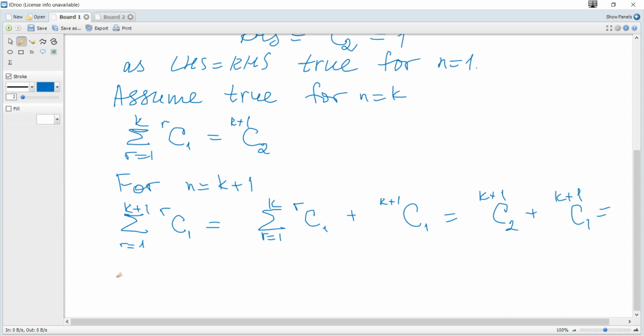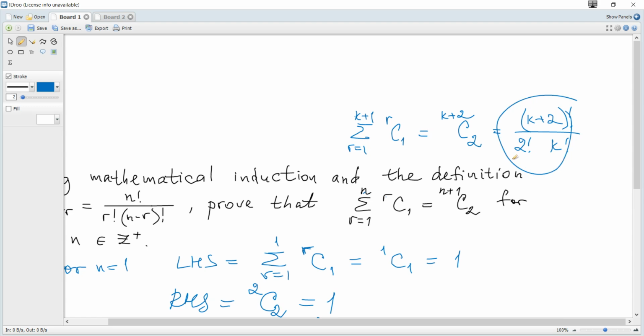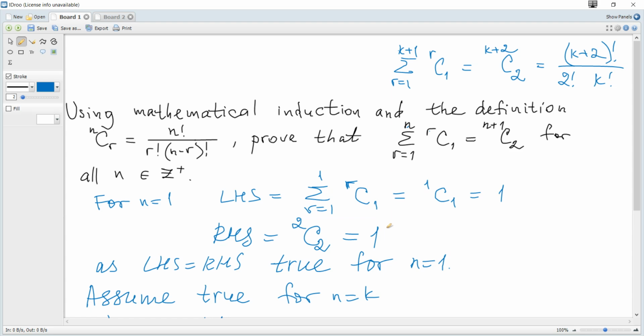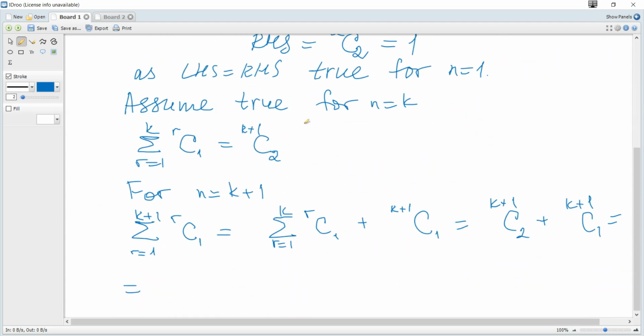And definitely to get this, we can what? Rewrite the obtained expressions using the definition with factorials. So you may just use a formula.